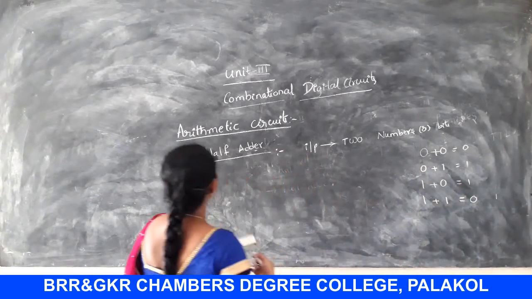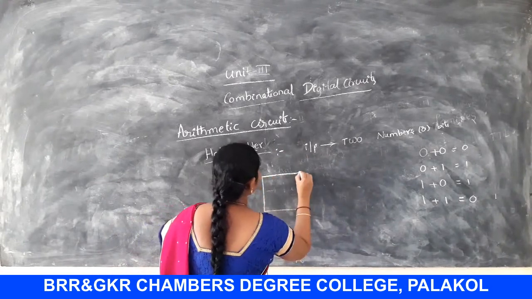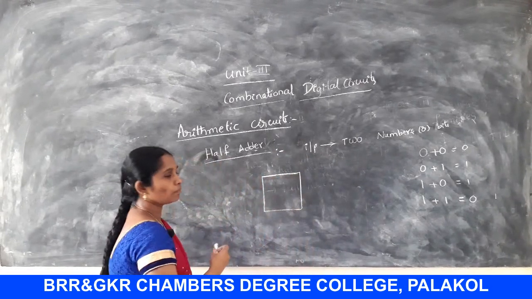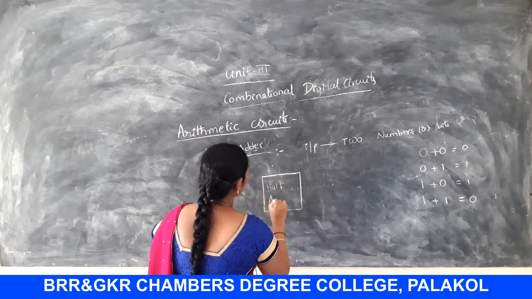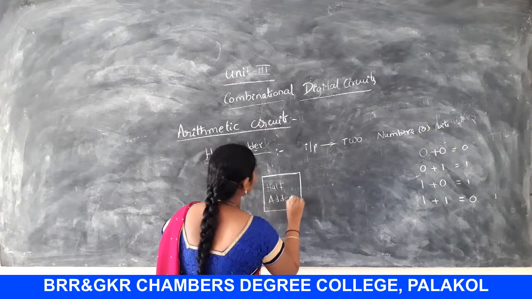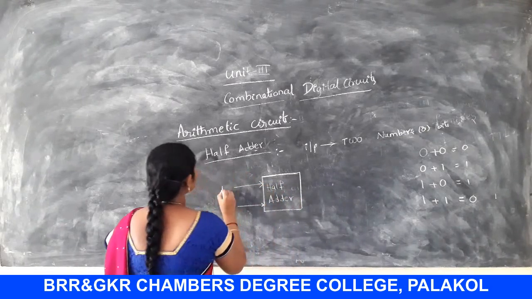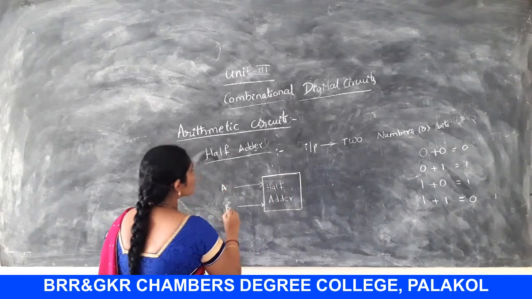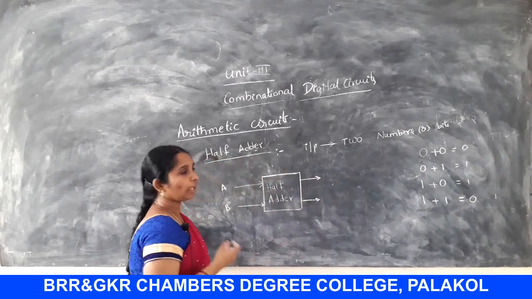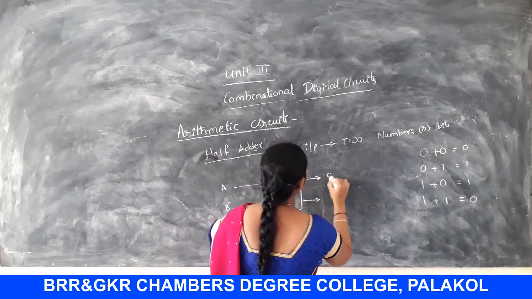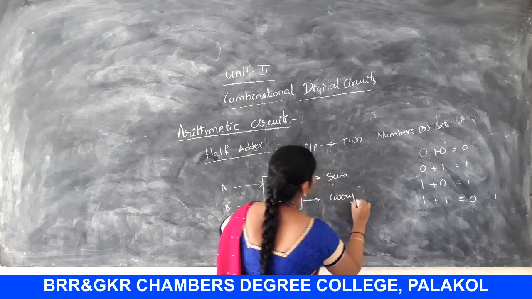So this is the half adder block diagram. We apply the 2 inputs here, A and B. It produces the 2 outputs, and those 2 outputs are sum and carry.